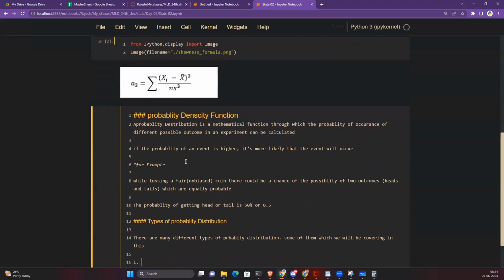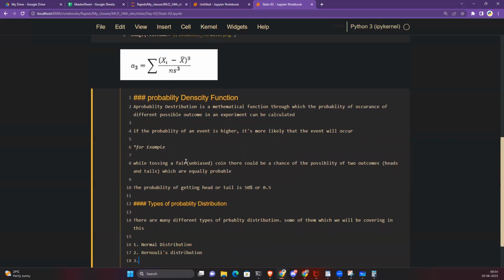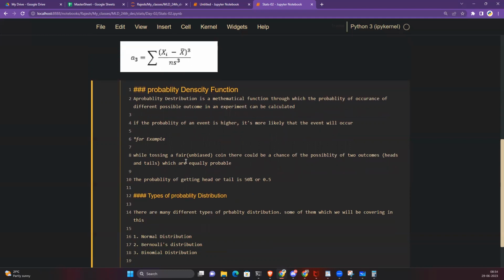Number one, normal distribution. Number two, Bernoulli distribution. Number three, binomial distribution. Number four, uniform distribution.